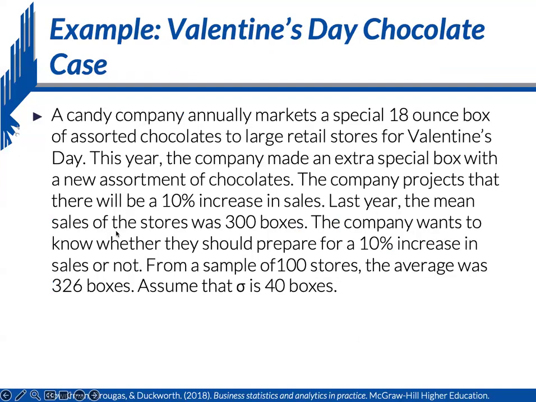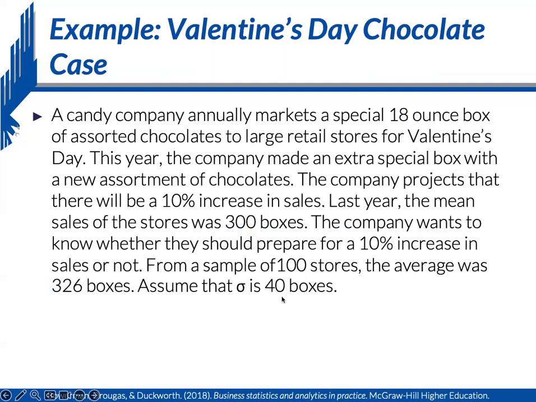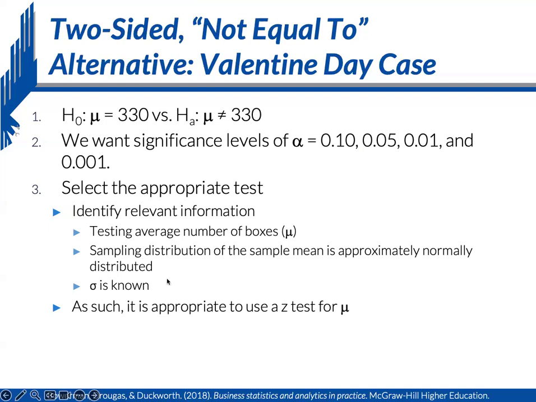We don't know the distribution of the orders, but the sample size of 100 is large enough, and therefore the sampling distribution is approximately normal according to the central limit theorem. Finally, the population standard error is also known, that's 40. And based on this information, we confirm that the z-test for the population mean is the appropriate test.